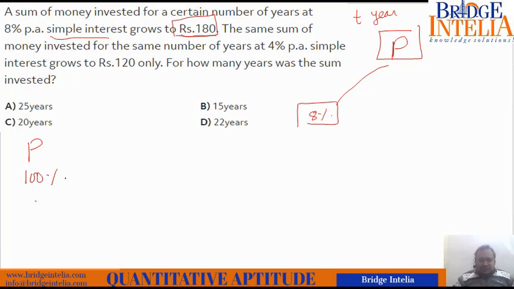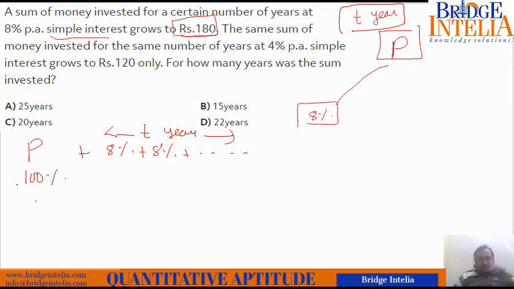The bank is giving 8% each year. So the bank has done this for T years because we have assumed the time period to be T years. So the total money accumulated in your account will be equal to 100 plus 8T% of P. So this is given to be equal to 180.